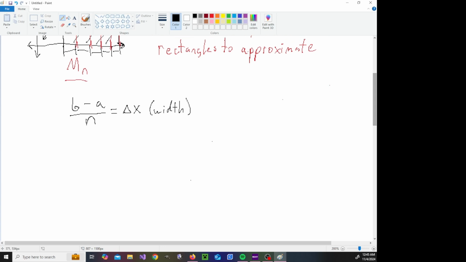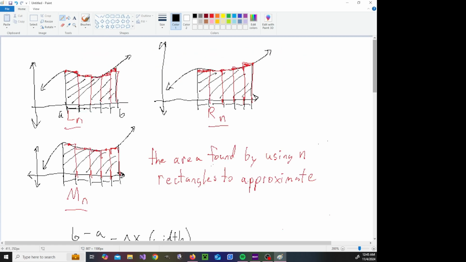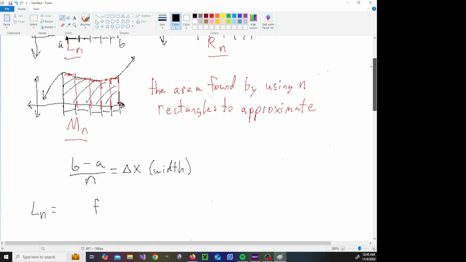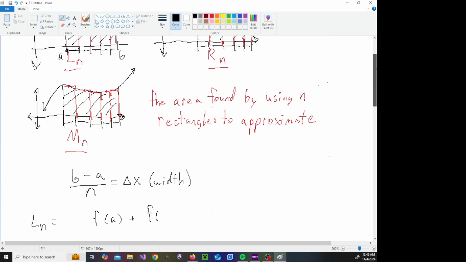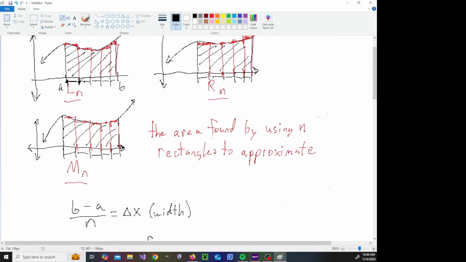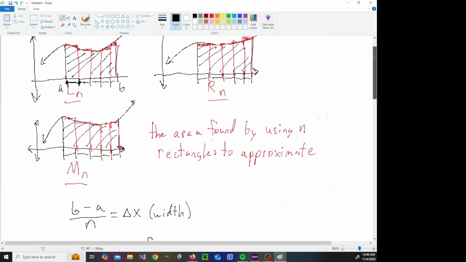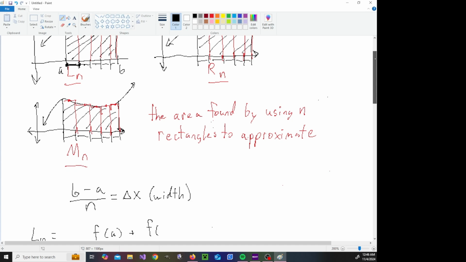Okay, well, for Ln, what is the height? Well, I'm going to start by looking at that leftmost value, so I'm going to start with f of a, but then I also want to move forward by one width and get that next coordinate. How much do I move forward if I go from A to the left part of the next rectangle?